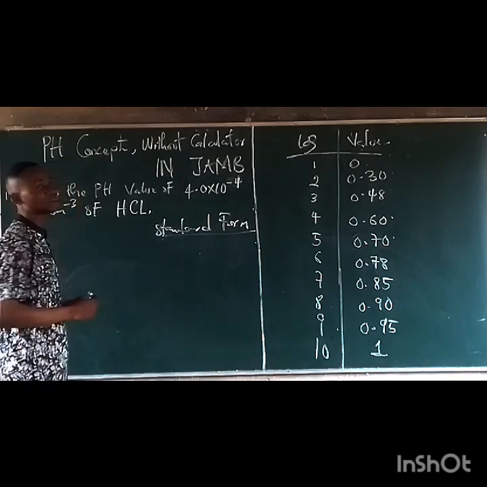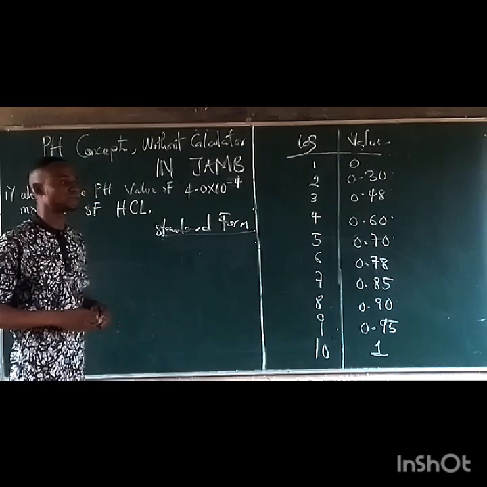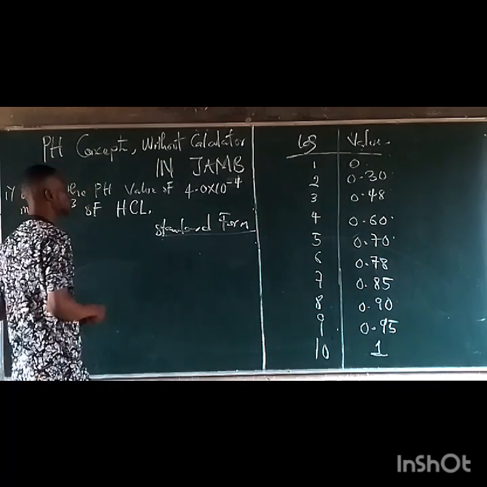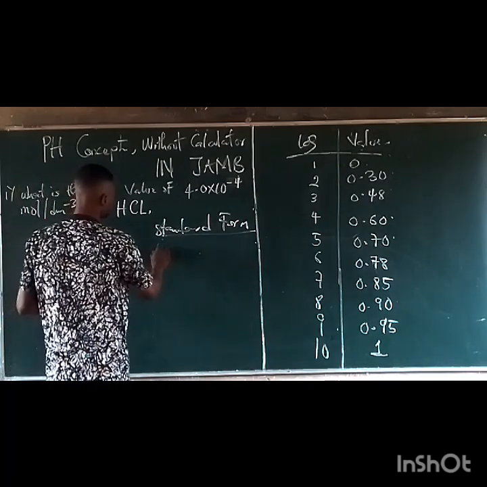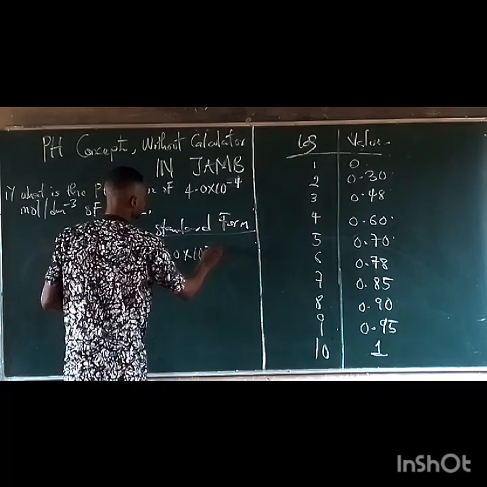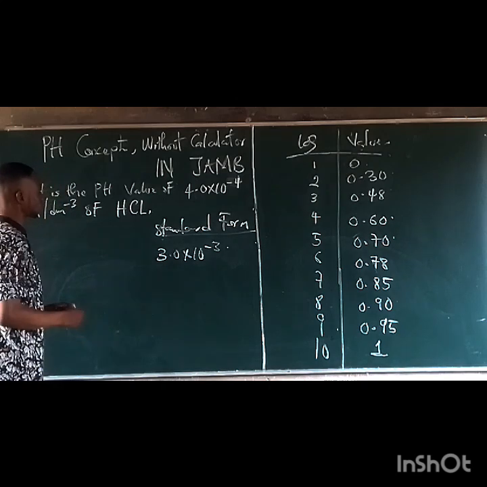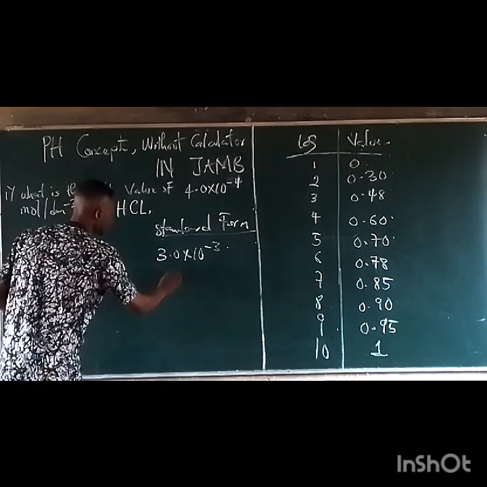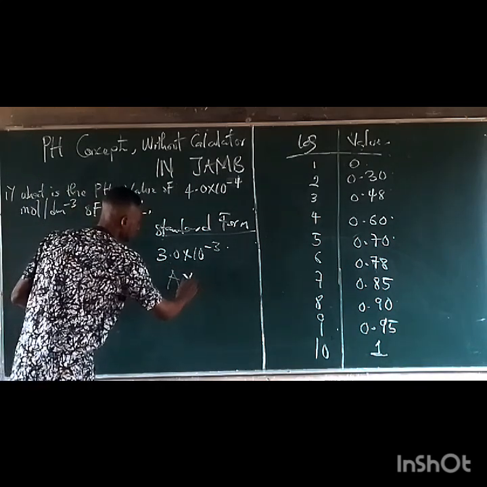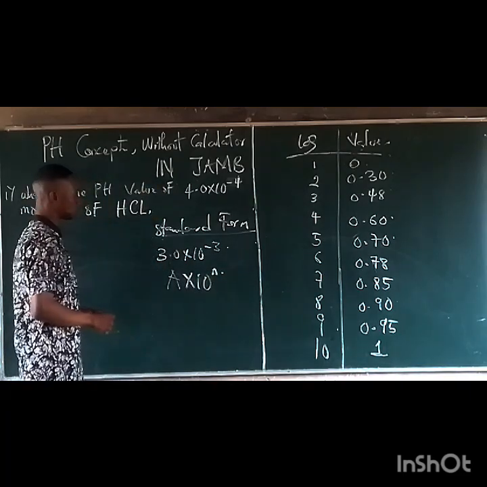If you check your New General Mathematics, when they discuss standard form, they represent it with a symbol. If you have a value 3.0 times 10 to the power minus 3, this is the standard form. They normally represent standard form as A times 10 to the power N. Look very well.